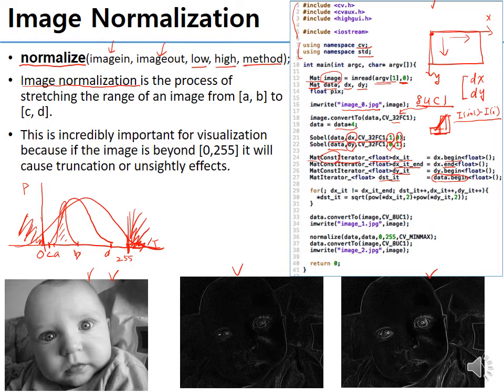So the for loop starts at the beginning, and continues while dxit is not dxend. Before dxit reaches dxend, they keep doing this routine. At that time, the destination iterator is increased, dxit is increased, and dyit is increased.